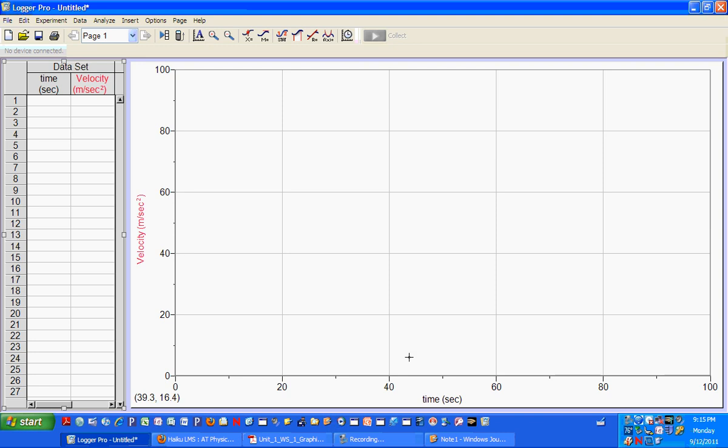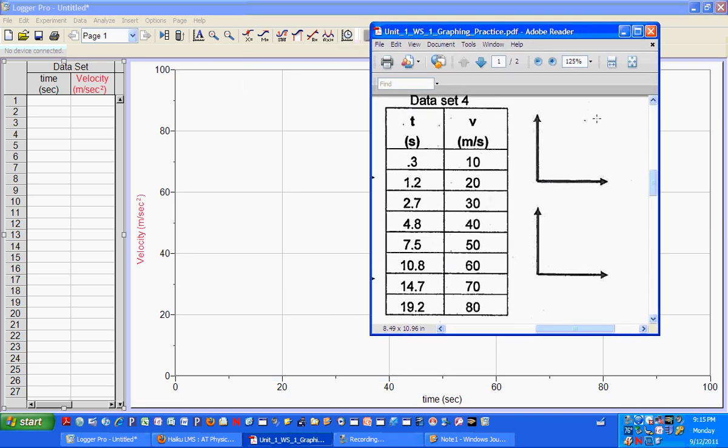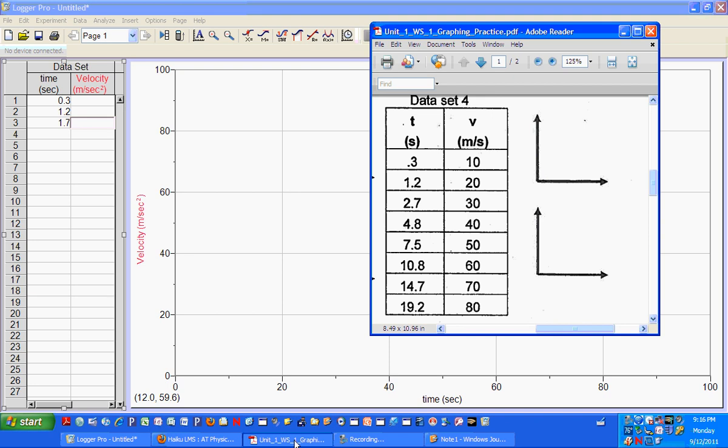All right, now I want to type in my data. 0.3, 1.2, 2.7. So 0.3, 1.2, 2.7.